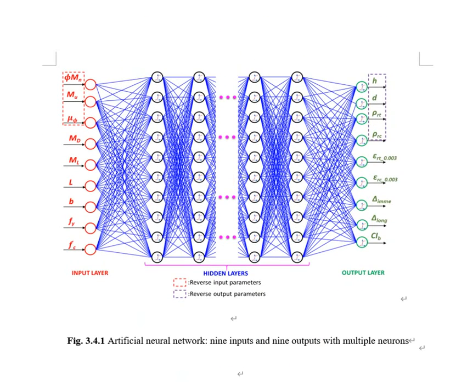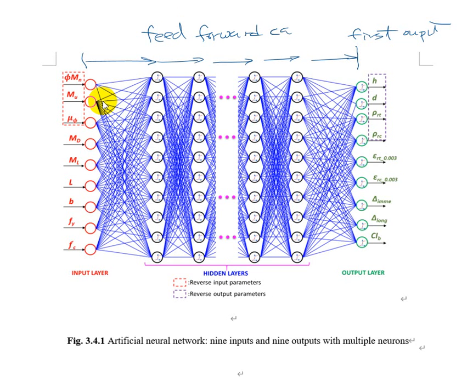You start from the beginning, go through all the layers, and then calculate the first output. This process is called the feed-forward calculations.